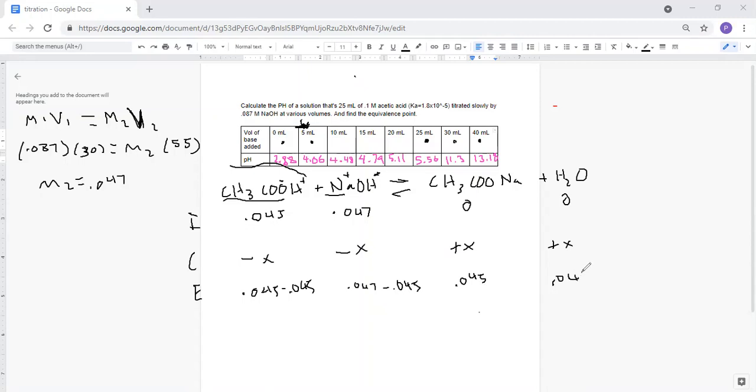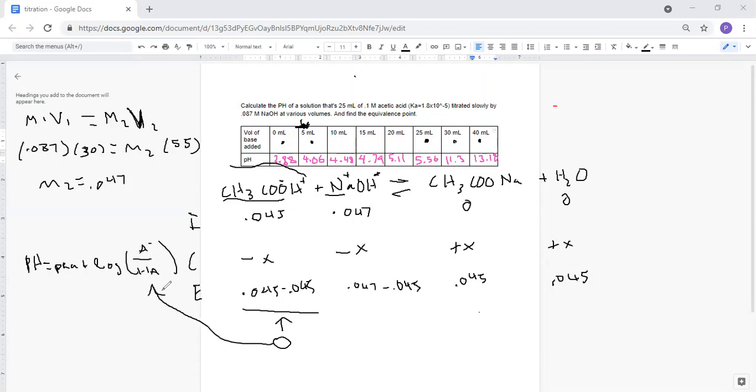These are the molarities. So now we don't use the Henderson equation, and the reason we don't use it is because we have no acid, 0. This is the Henderson equation: pH equals pKa plus log of A minus over HA.